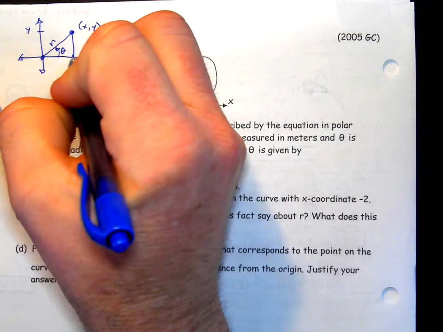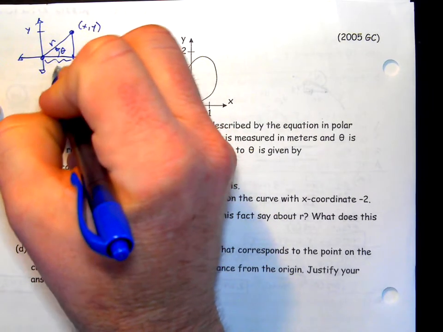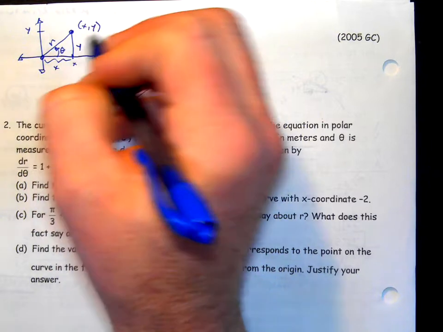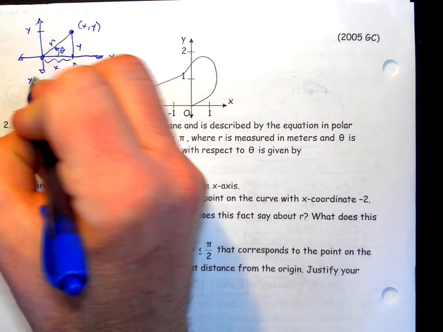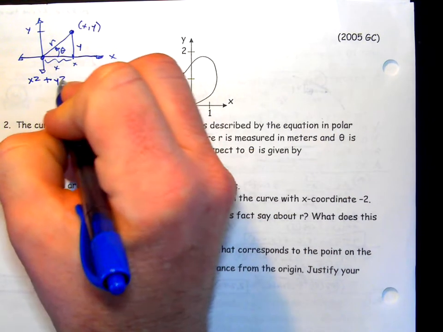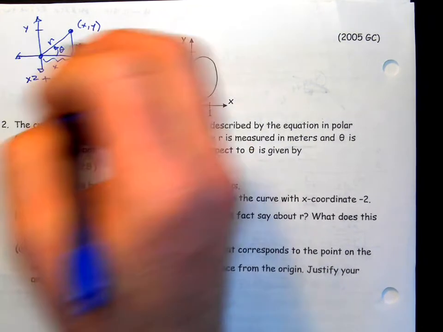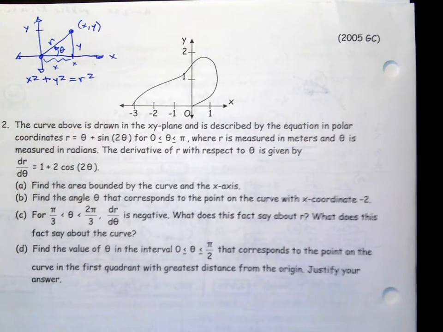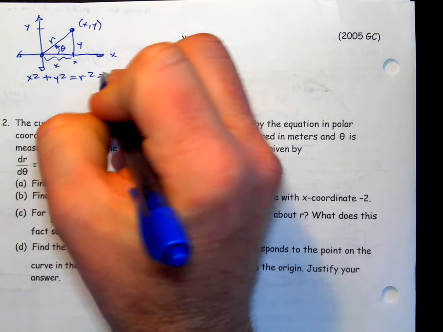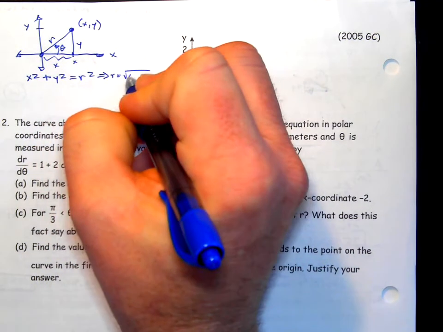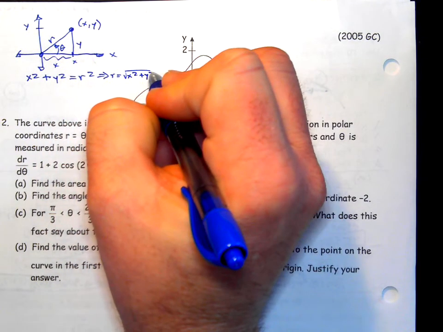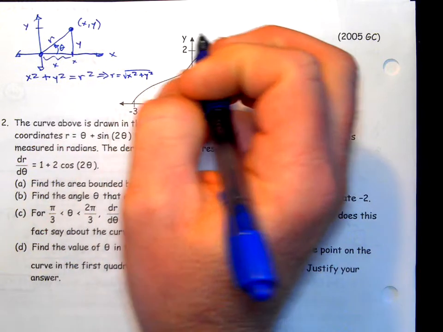Now, the relationships come from this. One relationship is that x squared plus y squared equals r squared. So that's one way you can find the radius. And so then r equals the square root of x squared plus y squared, just positive because it's a distance.